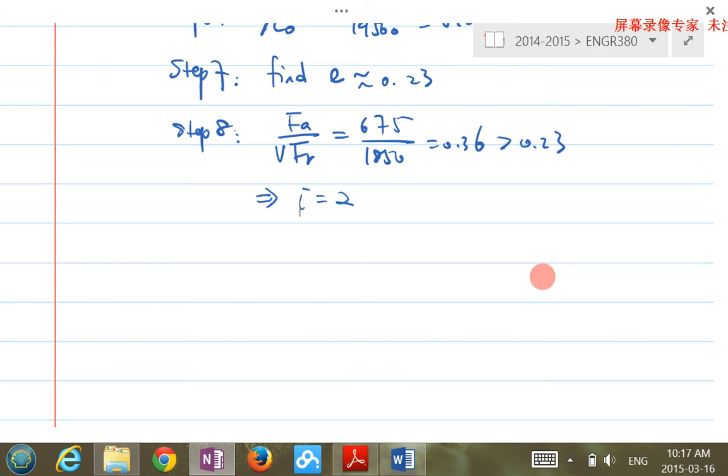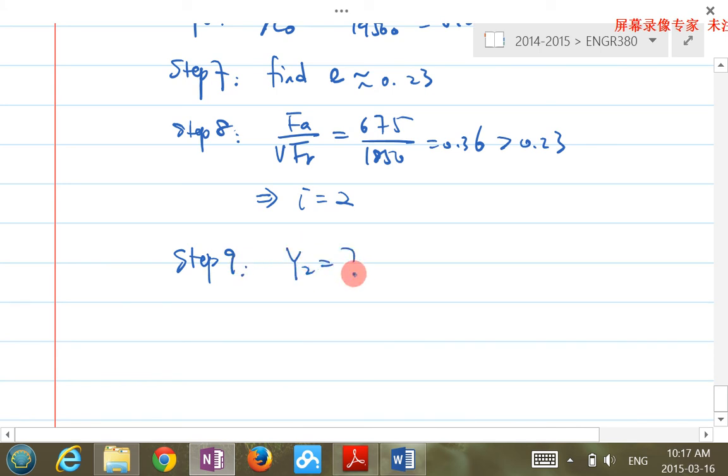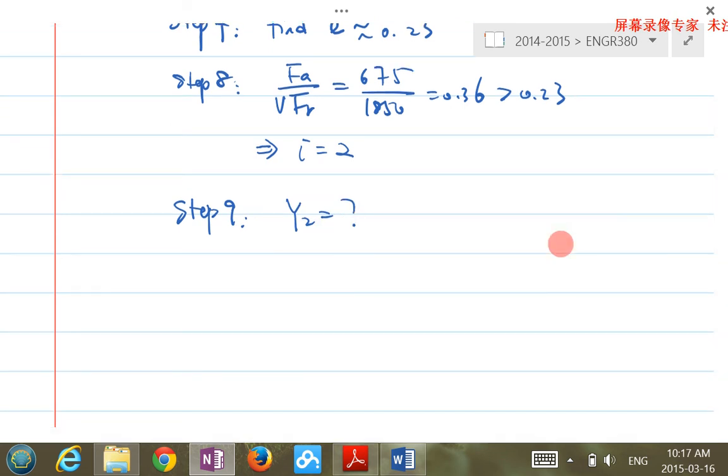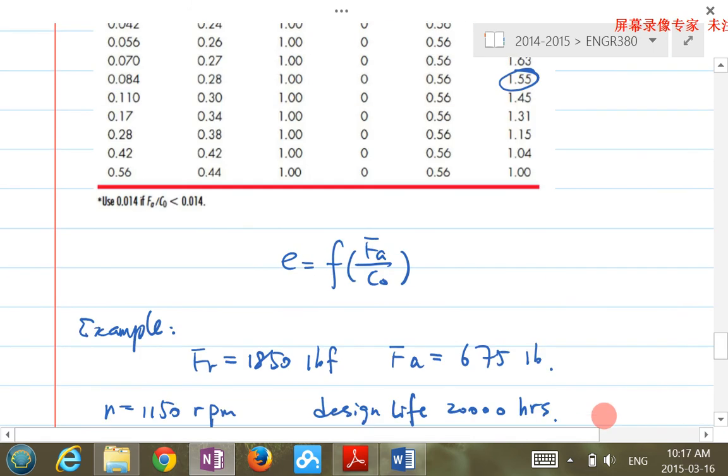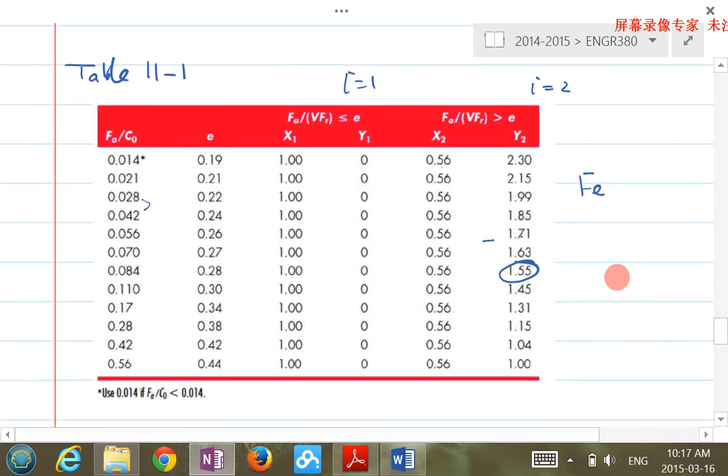Then step number 9. We need to know what exactly y2 is, not a random selection. If you look at the y2 here, y2 ultimately is still a function of FA over C naught.